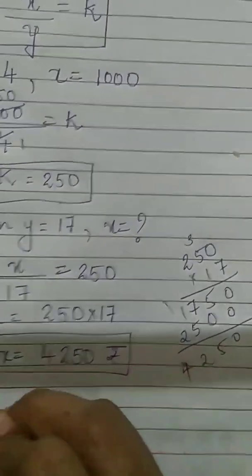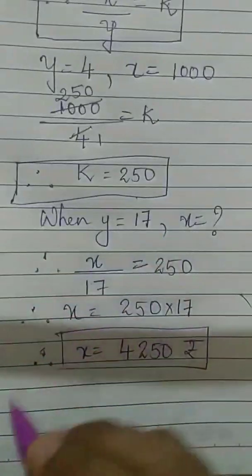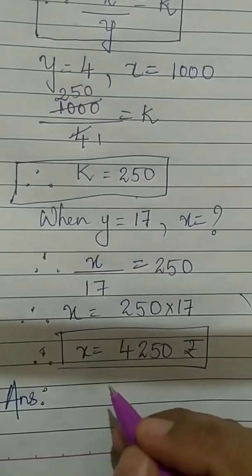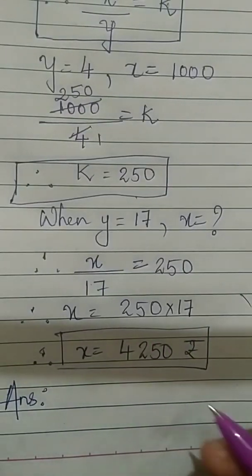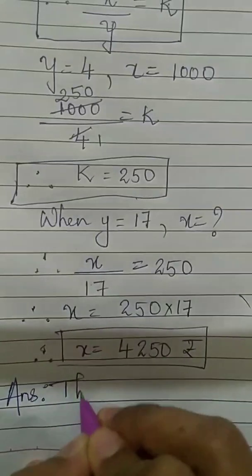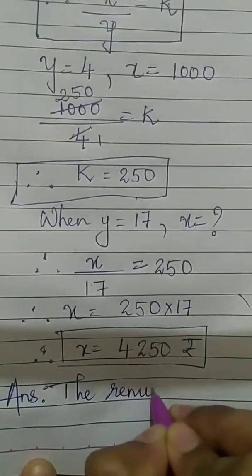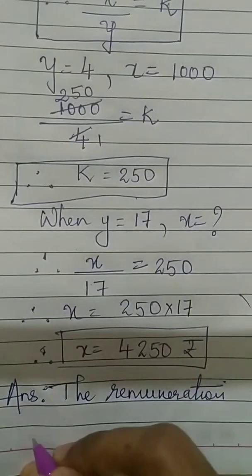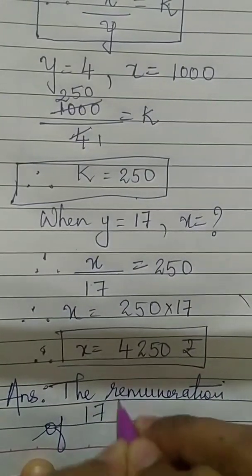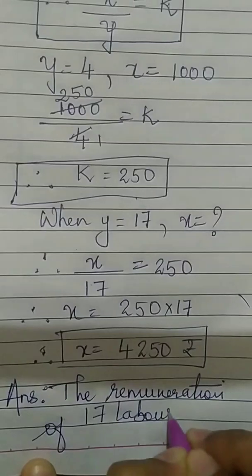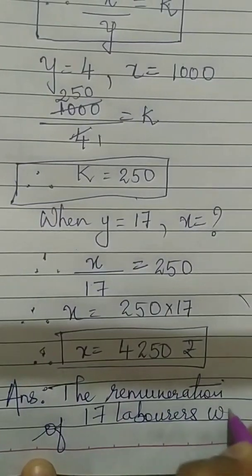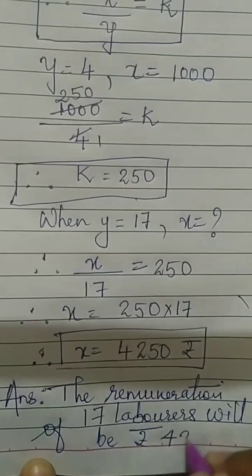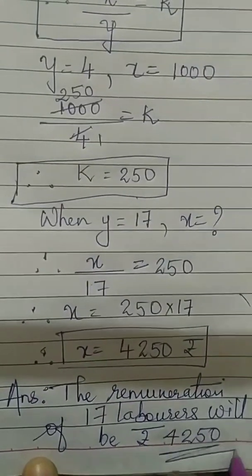X, no? So this is a word problem. So we will write the final answer in statement. The question asked is, find the remuneration for 17 laborers. The remuneration of 17 laborers will be rupees 4250.